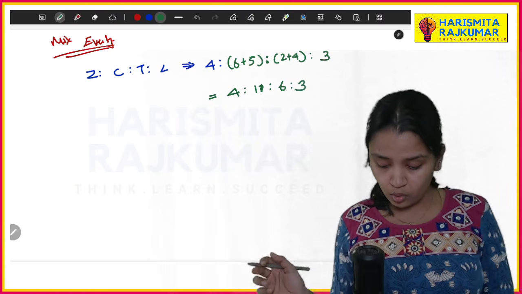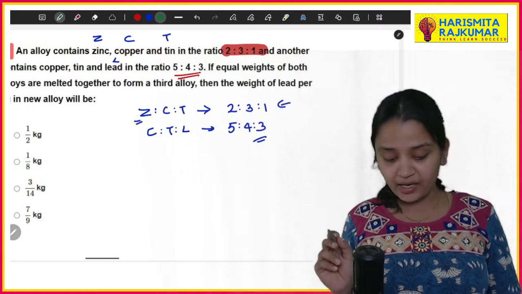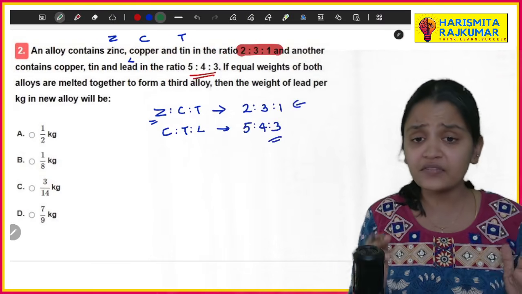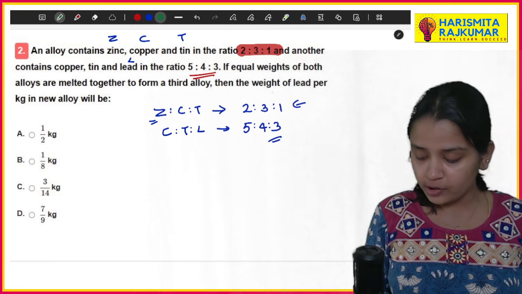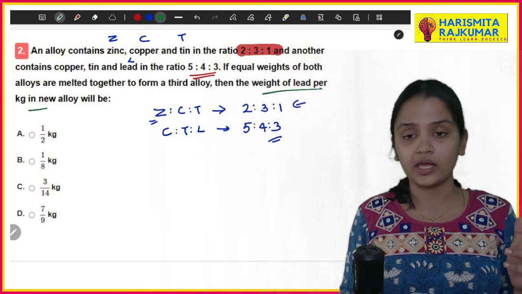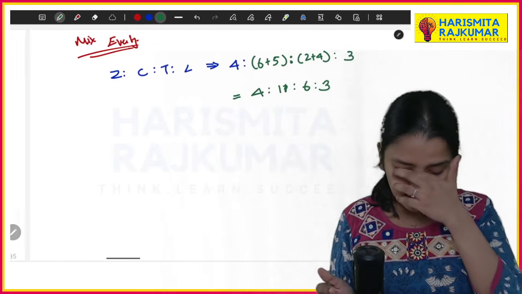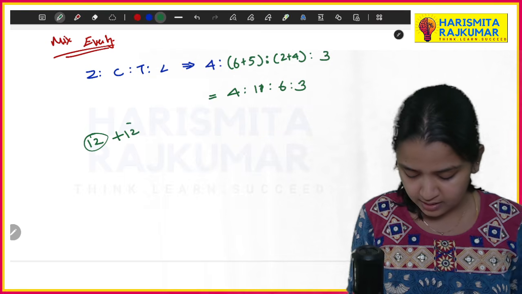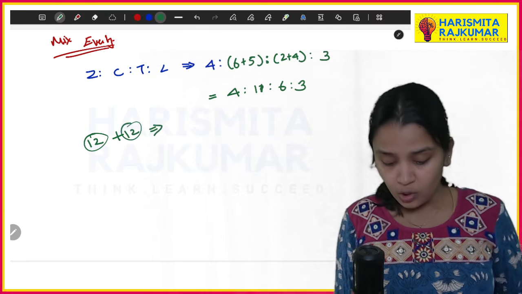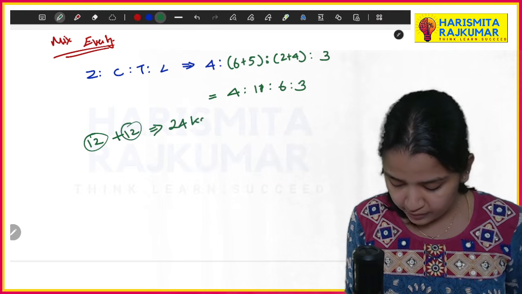Now what are we supposed to find? We are supposed to find the weight of lead per kg of new alloy. The new alloy in total has the first alloy 12 plus the second alloy 12, which is 24 kg.